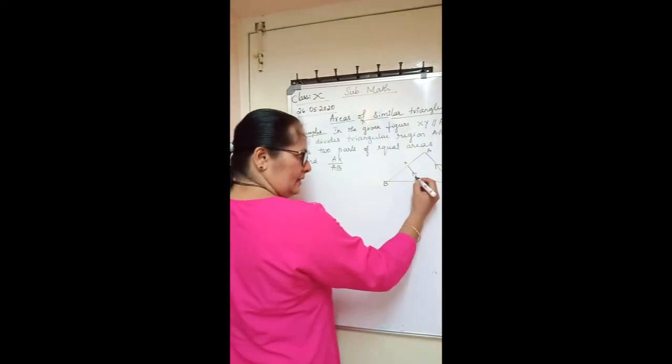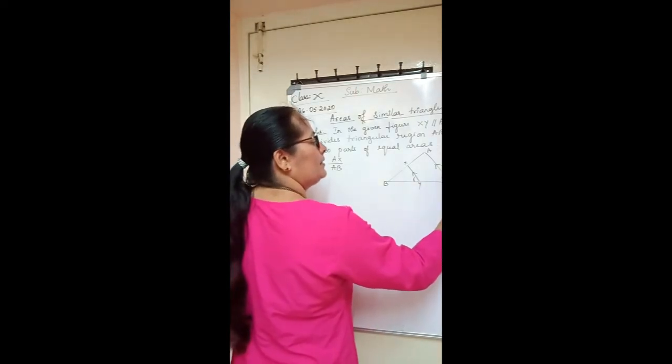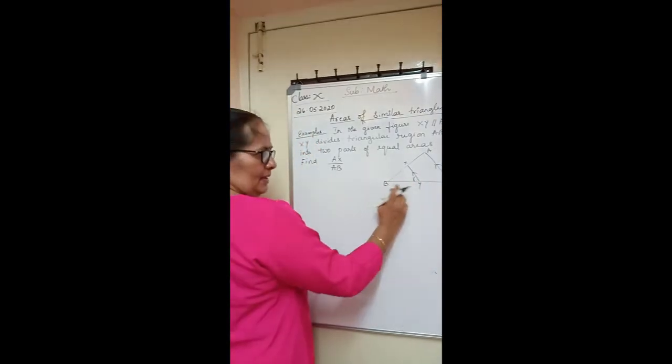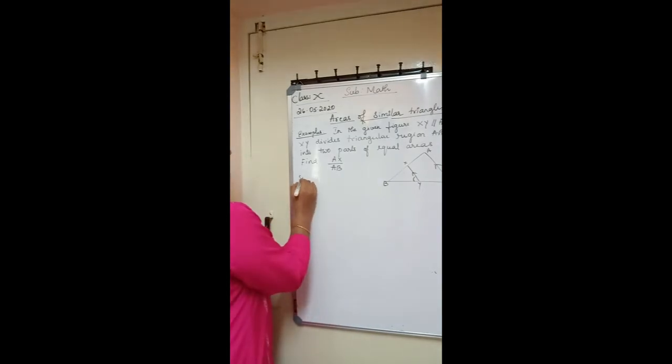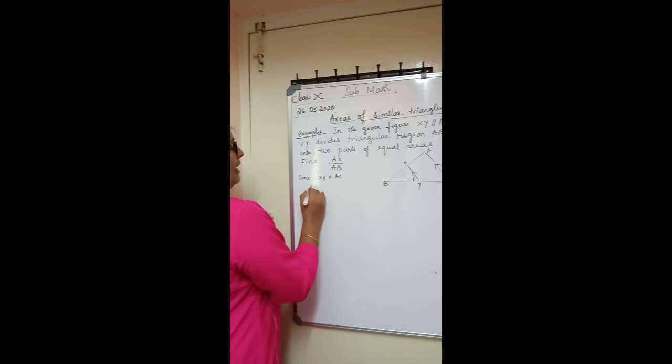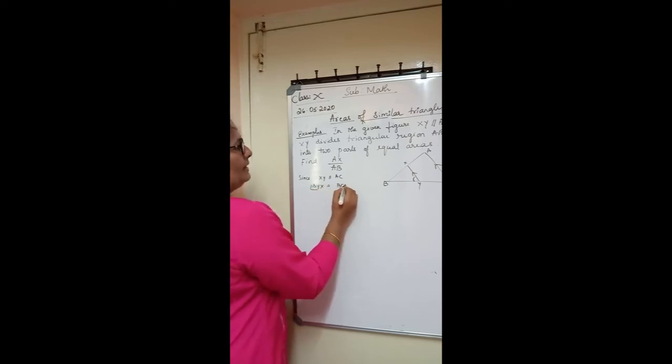So this angle will be equal to this. So angle BYX is equal to BCA. So since XY parallel to AC, angle BYX is equal to BCA.